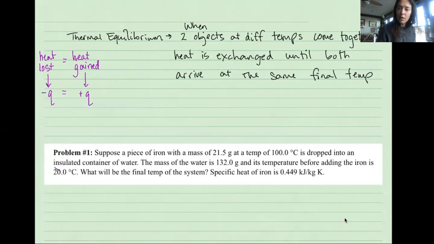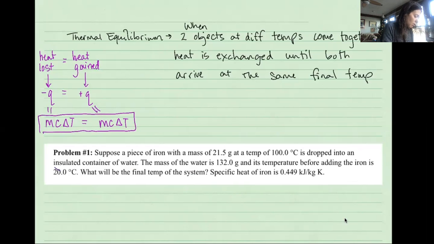The heat lost is equal to mc delta T. The heat gained is equal to mc delta T, and those two are equal to each other. So here is our equation, and we will actually have to solve for the final temperature. It just requires a lot of algebra and not making mistakes.